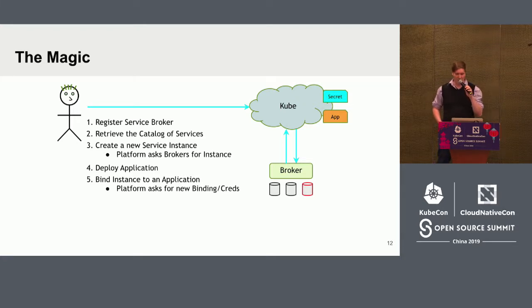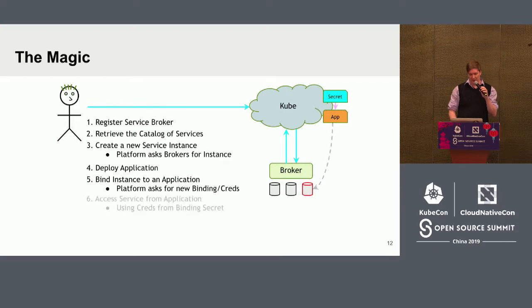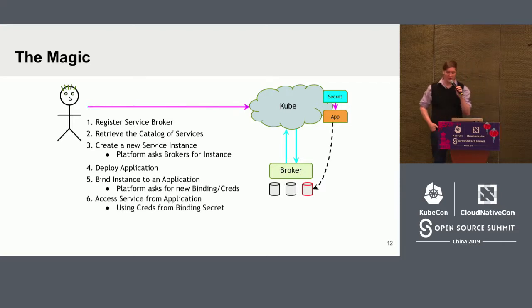It contains arbitrary fields, which can vary a lot depending on the service and how the broker offers it. Usually it's some set of a username, password, a URL, and port where you can access the service and how you can log in. And we're going to take that and create a secret with that credential in it, which the user can then attach to their app, which will use it to access the service wherever it's running. So that's what's actually going on when I step through those steps.